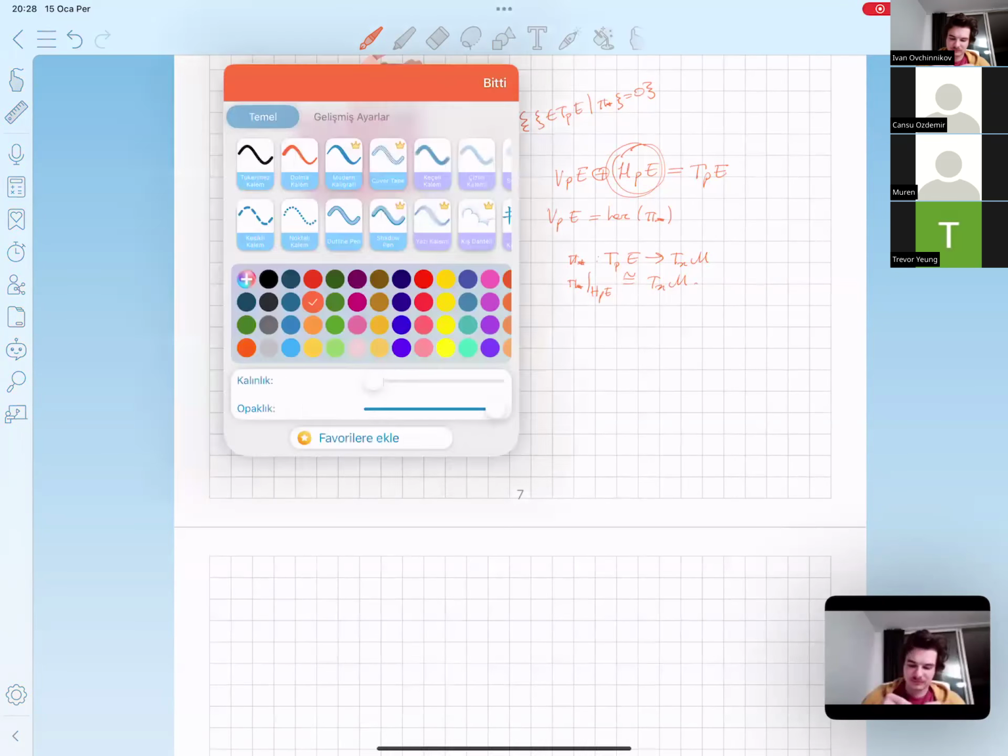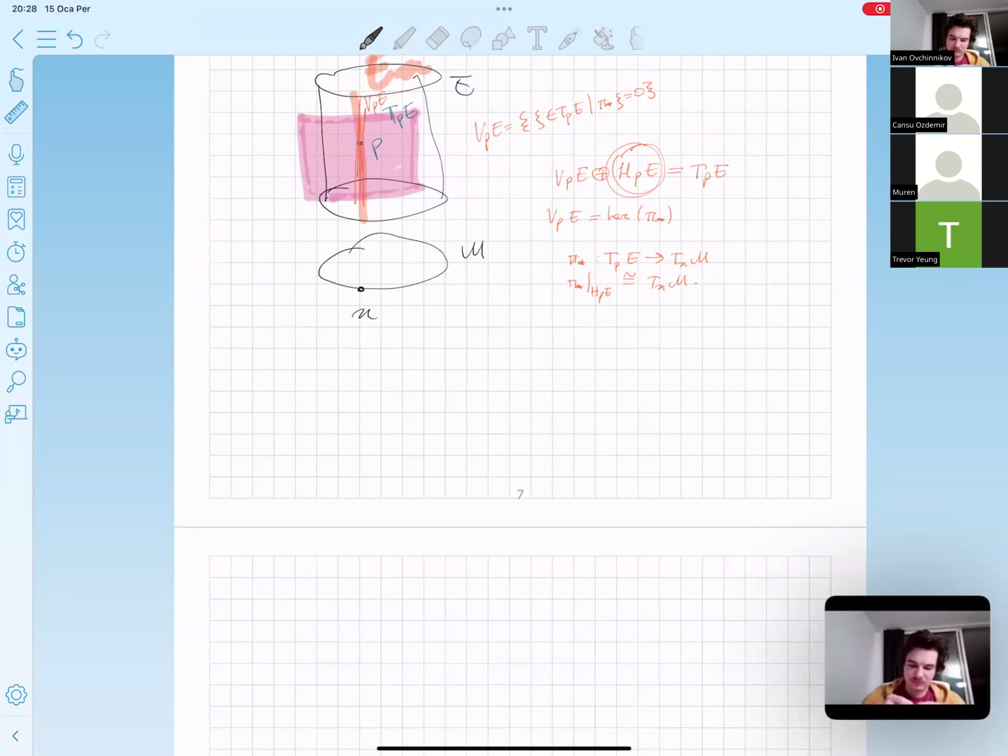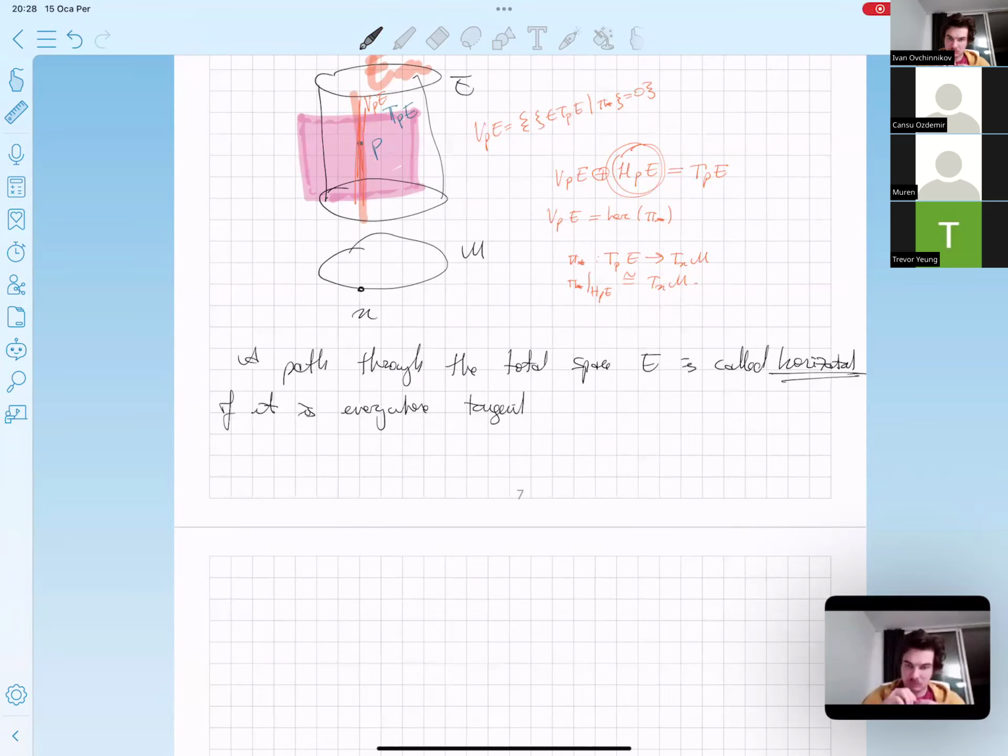So another word that we're going to define: a path through the total space E is called horizontal if it is everywhere tangent to HE.